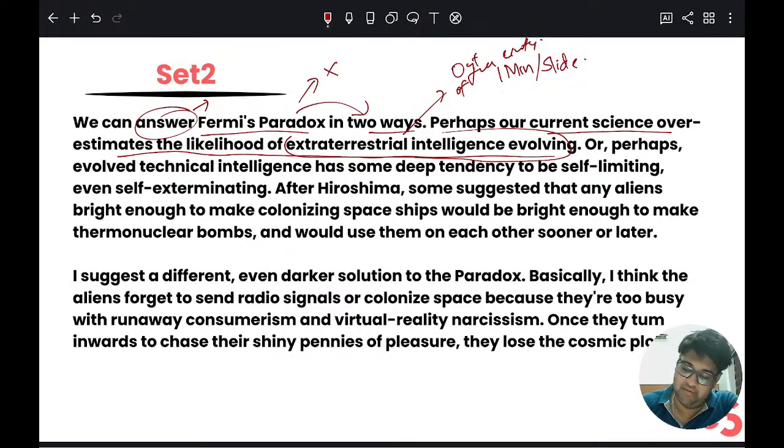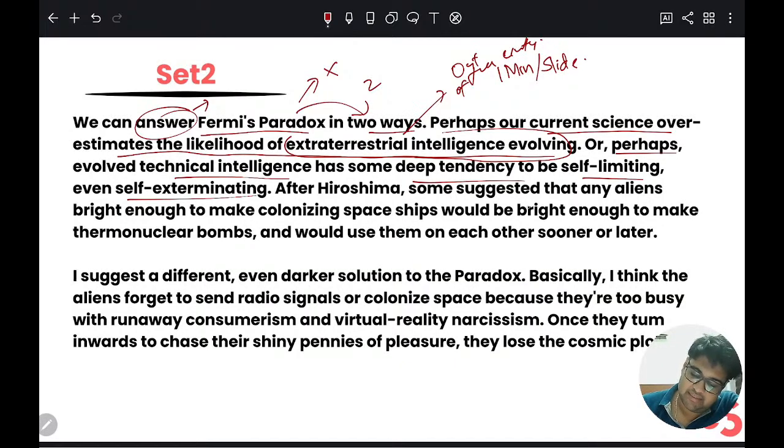The second one is technical intelligence, this intelligence that is related to technology, has some deep tendency to be self-limiting or self-exterminating. Either it will self-limit or it will exterminate. So this is how the Fermi's paradox is being answered in two ways. Okay, fine.